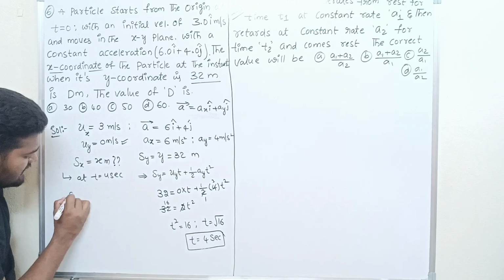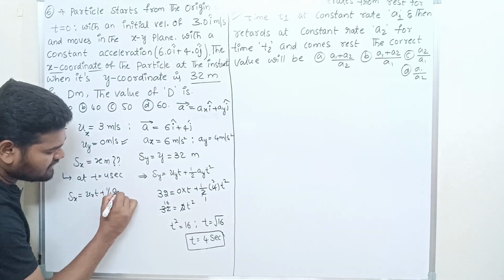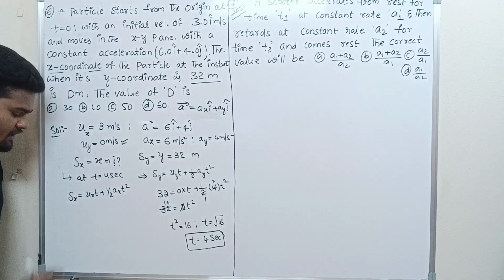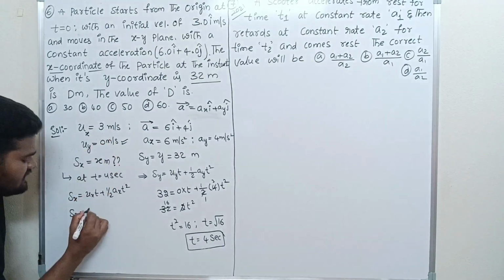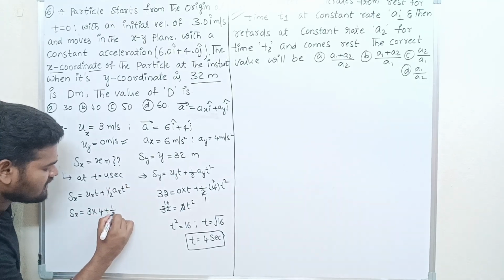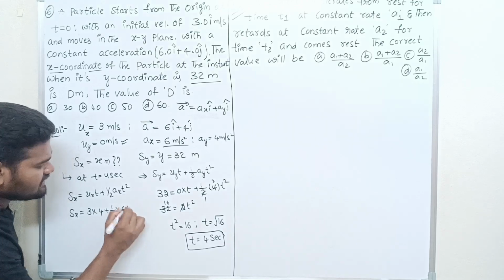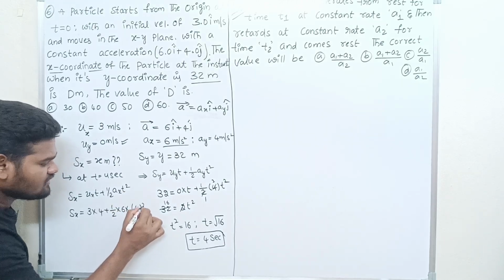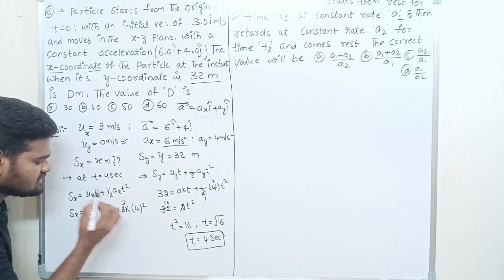Very good. So Sx is equal to ux t plus half ax t square. So we have to find Sx. This is equal to, what is ux? 3, they have given, into the instant of time, how much? 4, plus half into ax. What is ax? 6 meters per second square, into t square, into 4. So 2 ones are 2, 2 threes are 6.